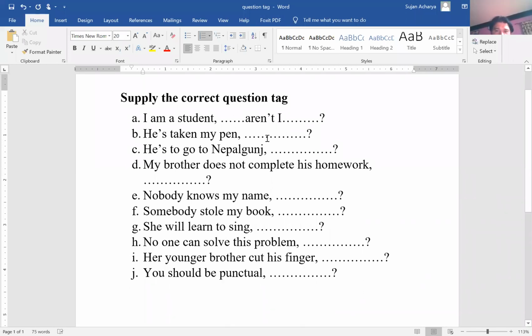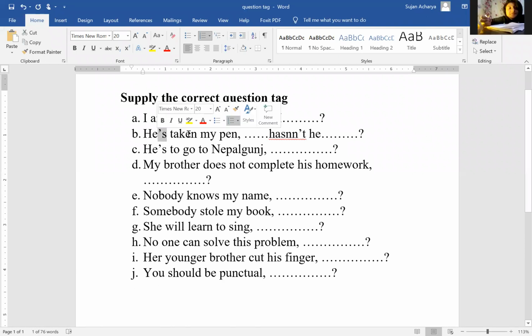He has taken my pen. Isn't he? Hasn't he? Didn't he, sir? Hasn't he, because this is has. It's followed by V3. He is to go to Nepalganj.